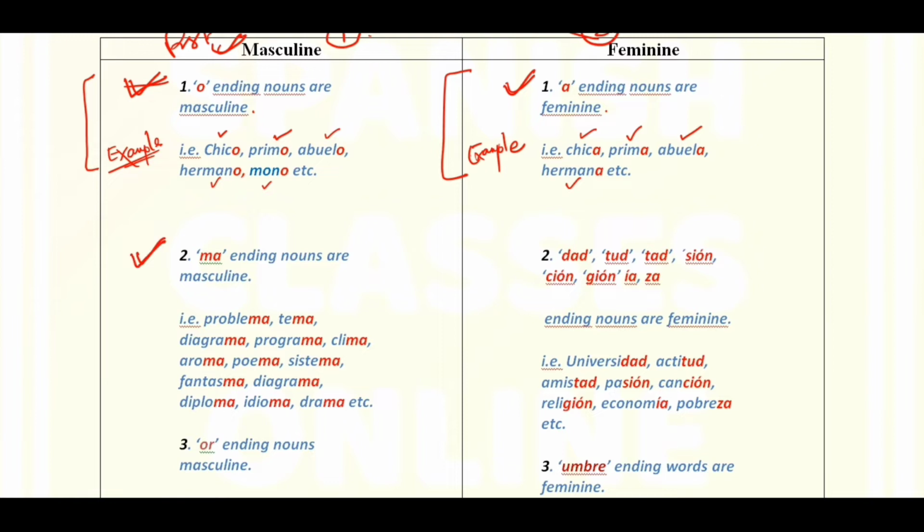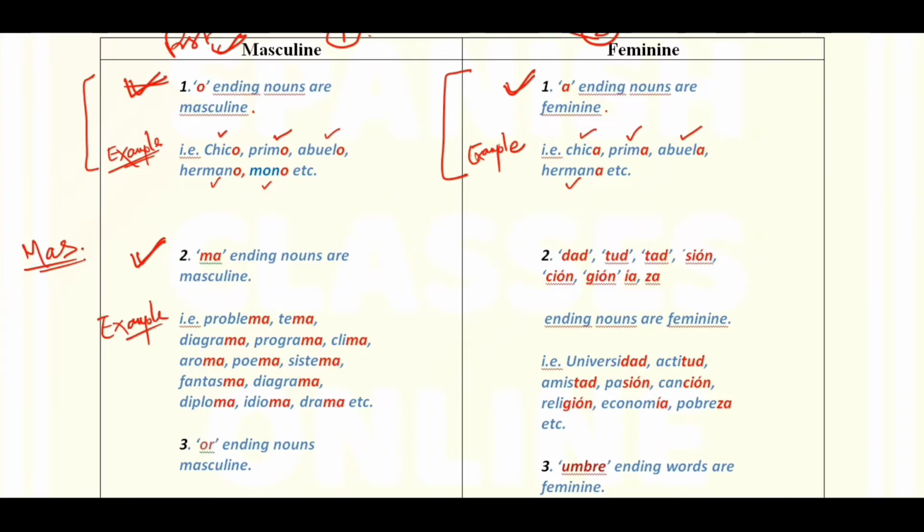Switching to point 2. First to masculine. If we find any noun ending with MA, these nouns are masculine.